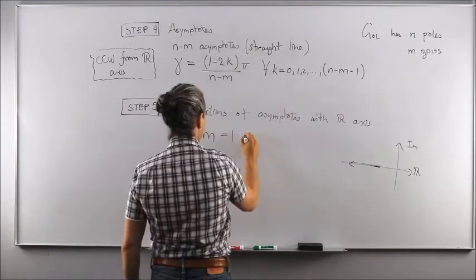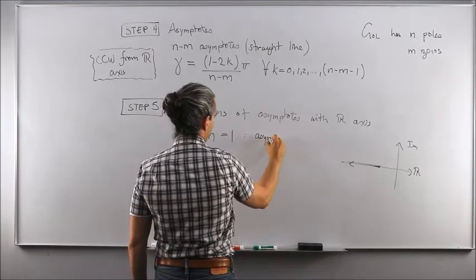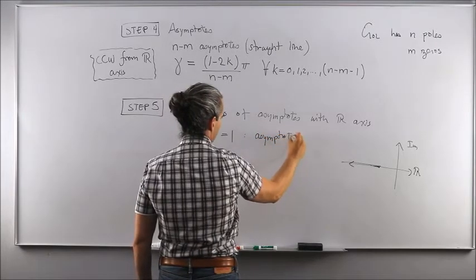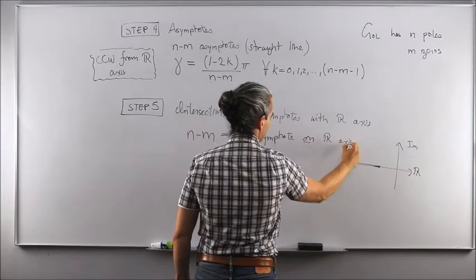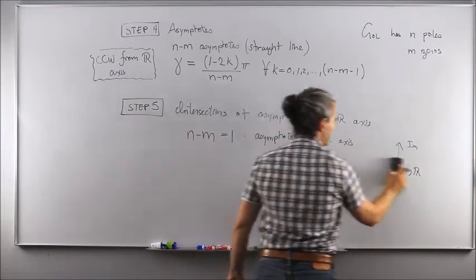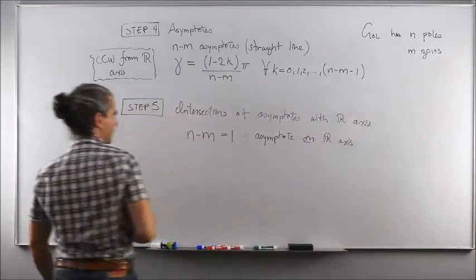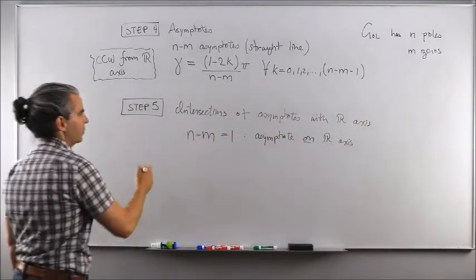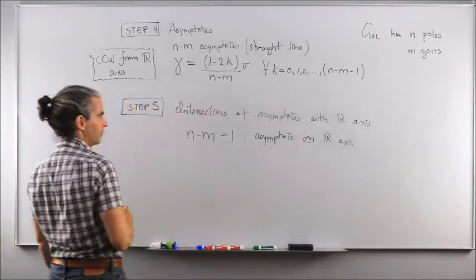I'm going to say, in that case, you get the asymptote directly on the real axis, such that you don't need to calculate any intersection point in that case, because there would be a multitude of intersections, right? Because it lies directly onto the real axis.